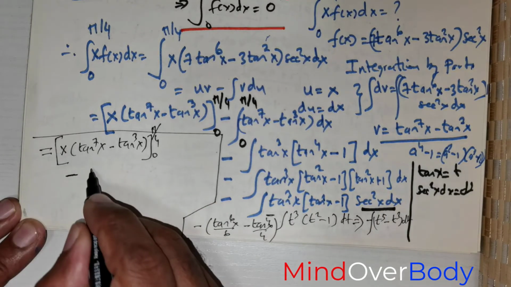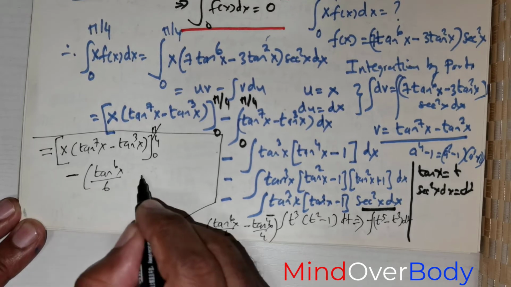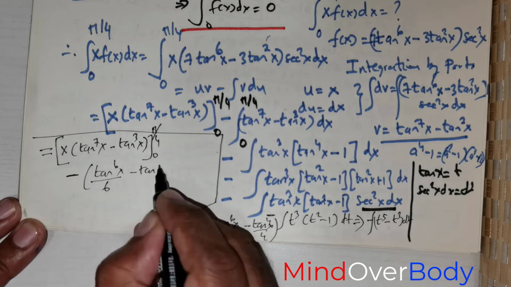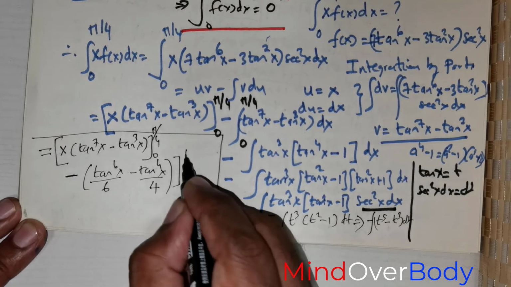This is going to be tan^6 x over 6 minus tan^4 x over 4, and the limits are 0 to pi over 4.